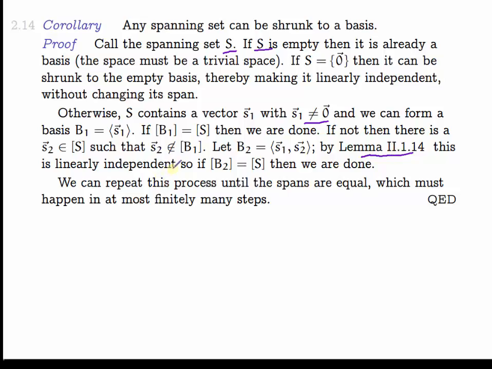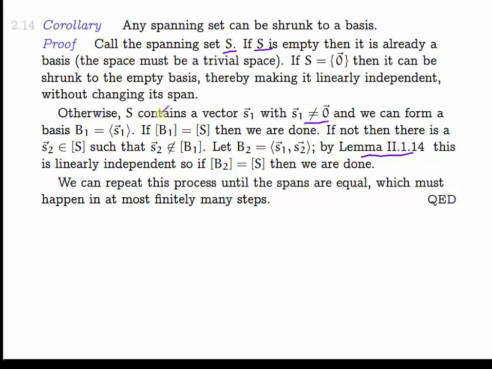So why is it linearly independent? The lemma says that if I have a linearly independent set and I add another vector which is not in the span of that linearly independent set, then the result is also linearly independent. So in other words, we know that this set is linearly independent, and this has a larger span than the original span of B1.